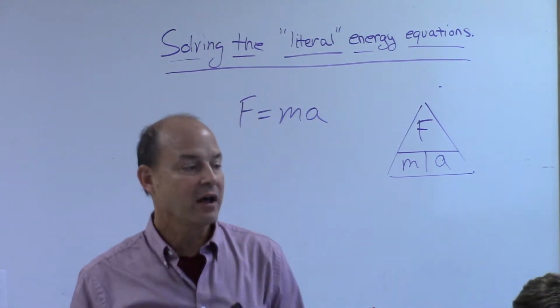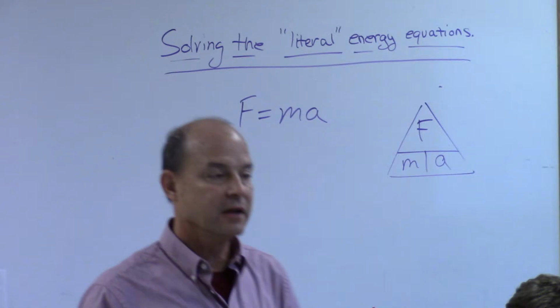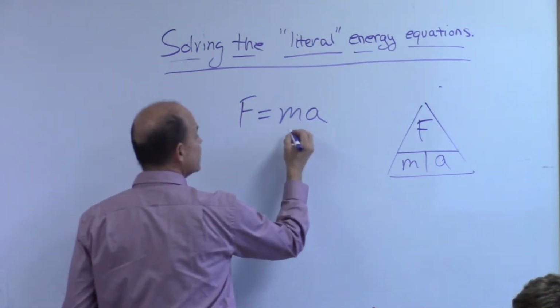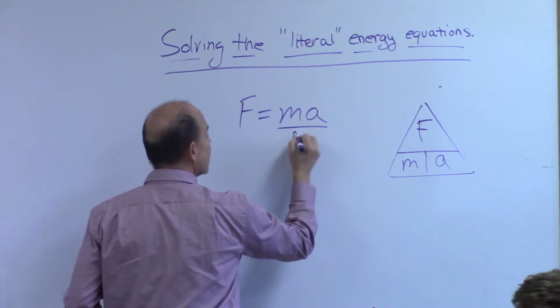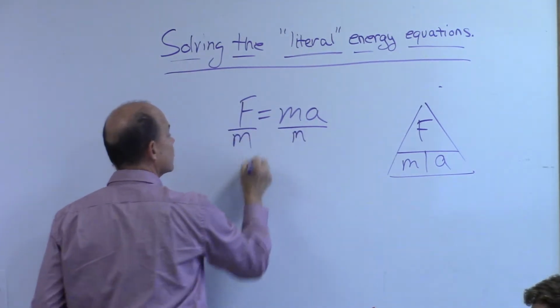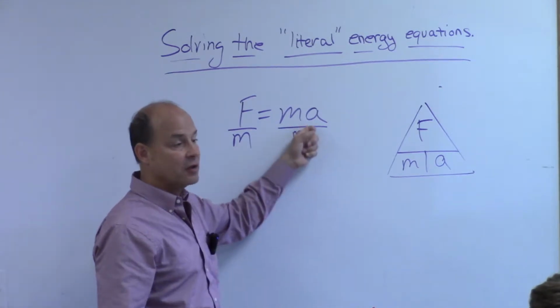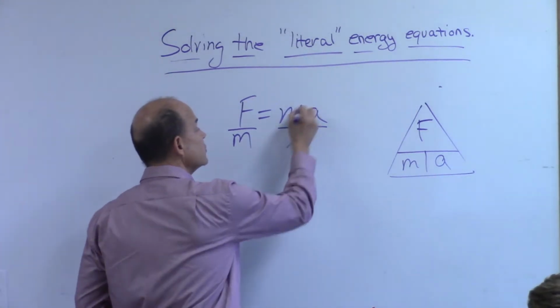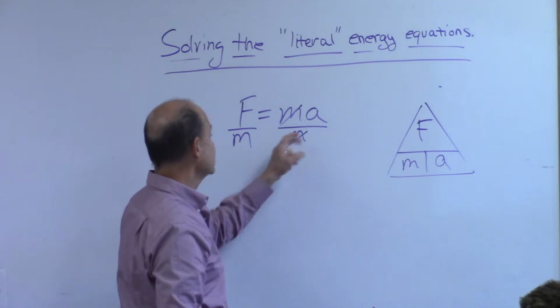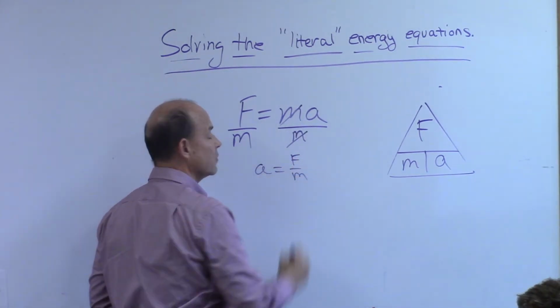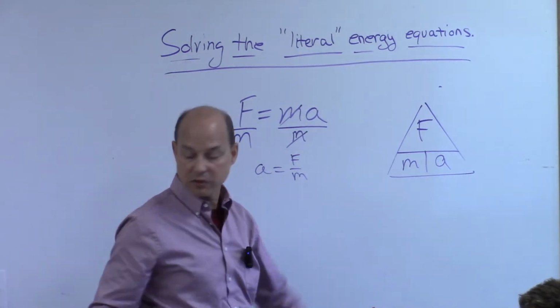What you need to know is how to undo m times a. Well, you undo that by dividing both sides of the equation by m, okay? And then you have to recognize that if I have m in the numerator and m in the denominator, then those two are going to cancel out. And if I just flip this around, then I have a is equal to F divided by m, right? That's what we had before with the magic triangle.